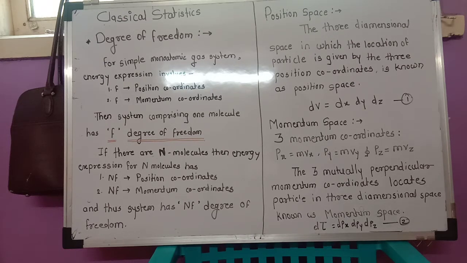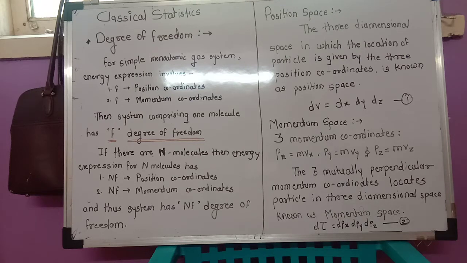Comparing with one molecule, we can say that the system has f degrees of freedom. Similarly, if the system contains n molecules, then the energy expression for n molecules has nf position coordinates and nf momentum coordinates, and thus the system has nf degrees of freedom.